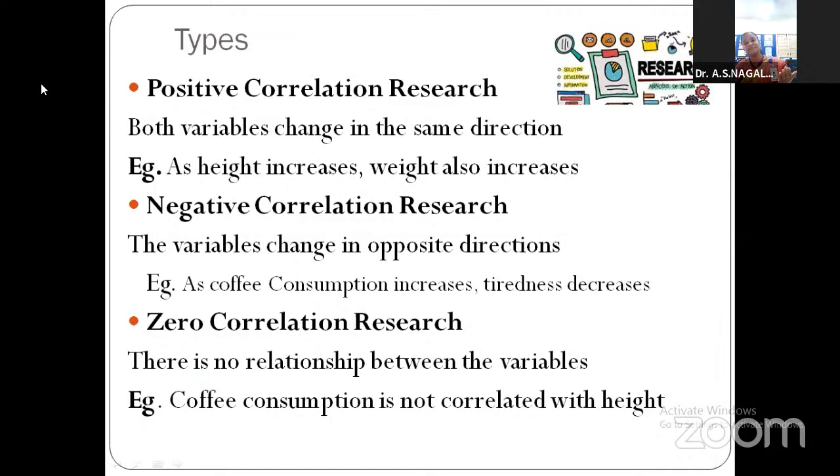It will be disturbed negatively. For example, when the penalty keeps on increasing, you try to violate the road rules less. When the penalty increases, you will be violating the road rules less.